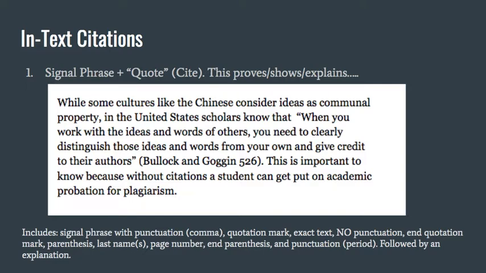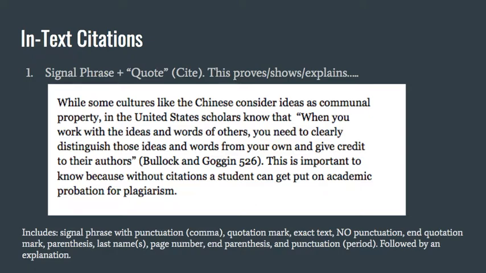The other thing you need to know is, as you can see from this paragraph, I don't actually use the author's name or the text name in my signal phrase. That is, it's sometimes very clunky to say, I'd have to use both authors, first and last name.